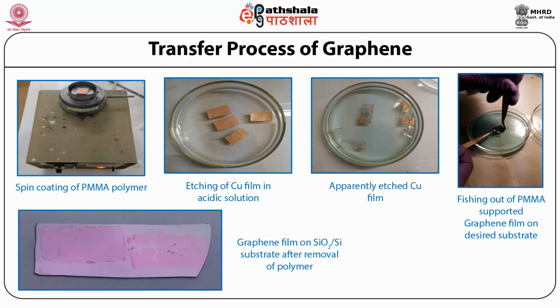The most common procedure to transfer graphene is to cover the graphene sample with a thin layer of polymethyl methacrylate, PMMA. The original substrate, which is copper in our case, is then etched away.